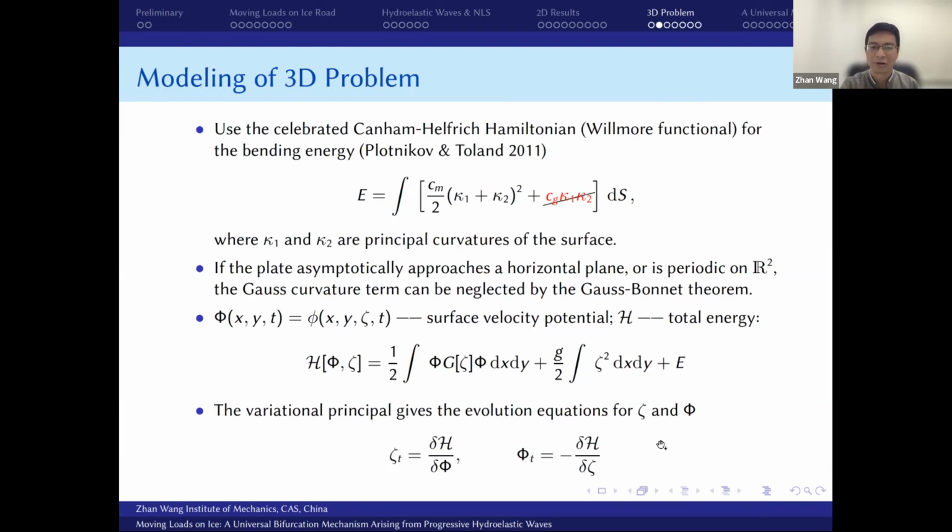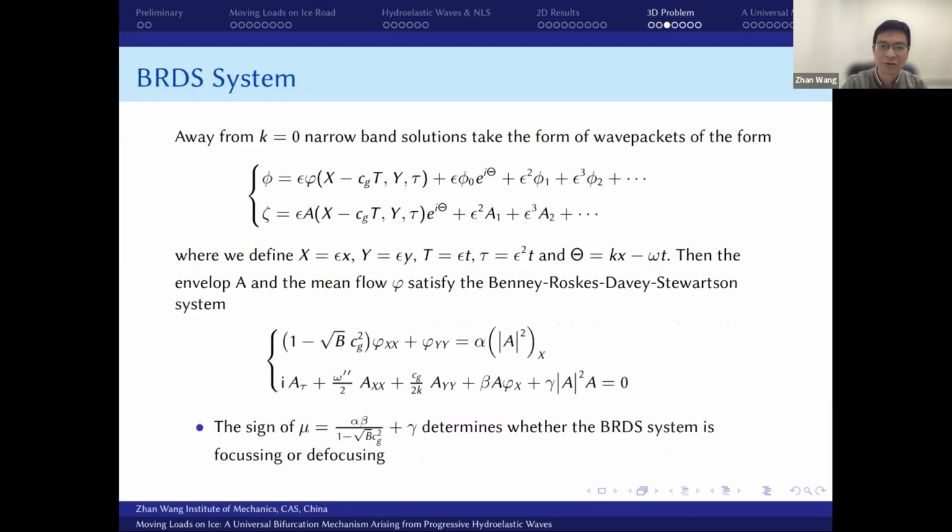So there's a canonical equation for the Hamiltonian system. And then you can also do the normal form analysis. You can try to find the nonlinear Schrödinger equation. However, in finite depth, it's not a nonlinear Schrödinger equation; it's a Benney-Roskes-Davey-Stewartson system. It's a generalization of the nonlinear Schrödinger equation. Now you have two modulation directions, x and y.